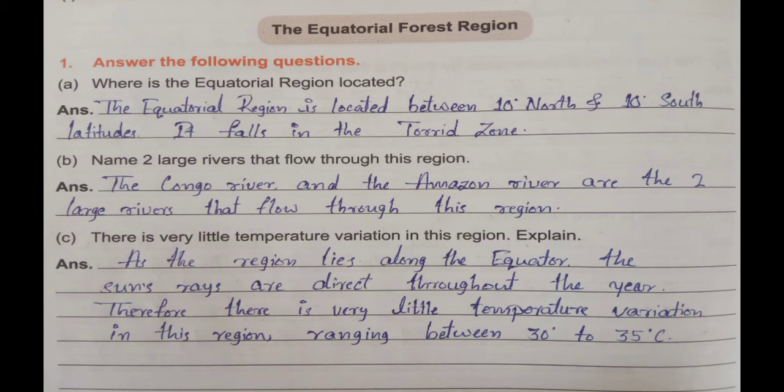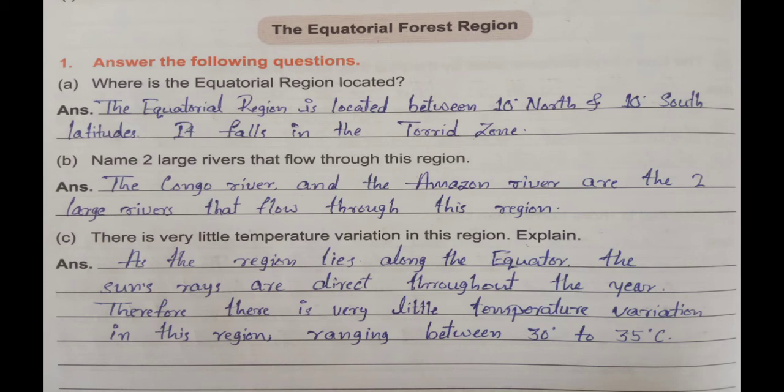The equatorial region is located between 10 degrees north and 10 degrees south latitudes. It falls in the torrid zone. Fine. Next question.